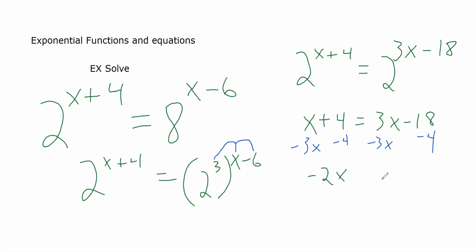I subtracted the 4 over, I subtracted the 3x over, and then negative 18 minus 4 is negative 22. Divide both sides by that negative 2, and you'll have x equals positive 11.